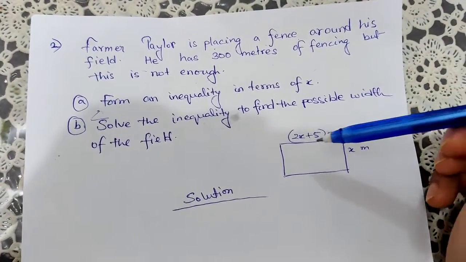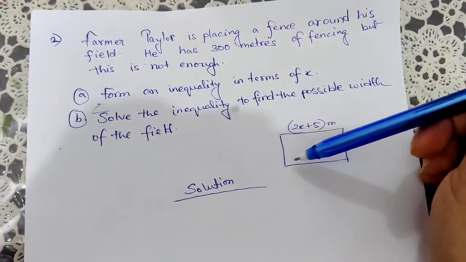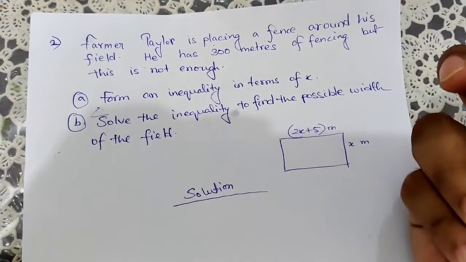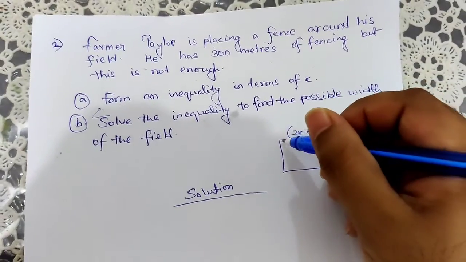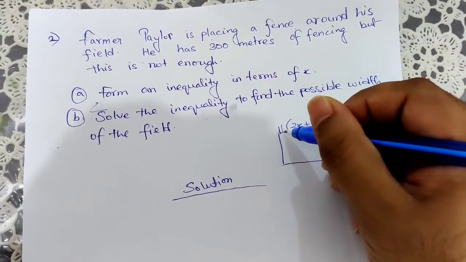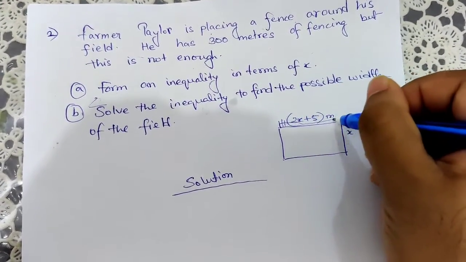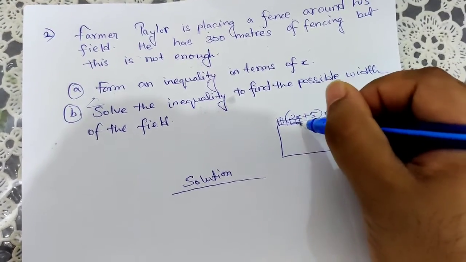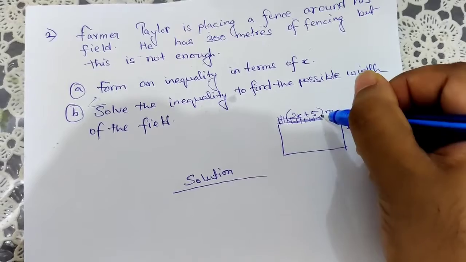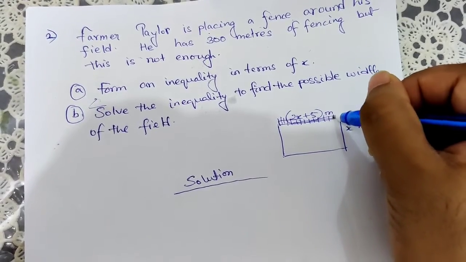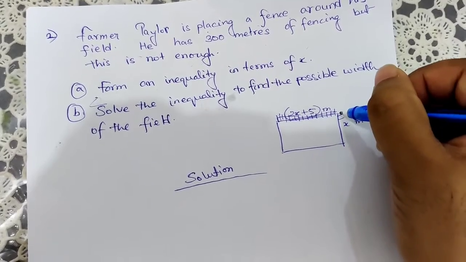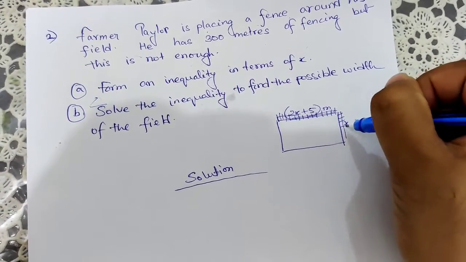Now look at this field. It's a rectangular field, right? So when we say the word fencing, what does it mean? That means we are providing some boundary, so that no one can come into the field or no other animal can get into the field. So we provide fencing like this.